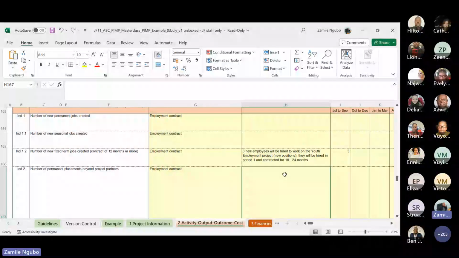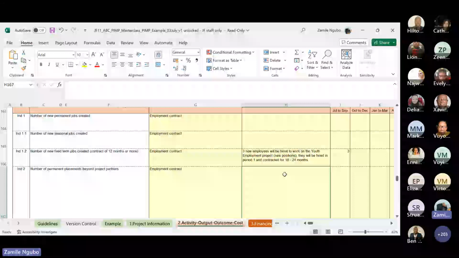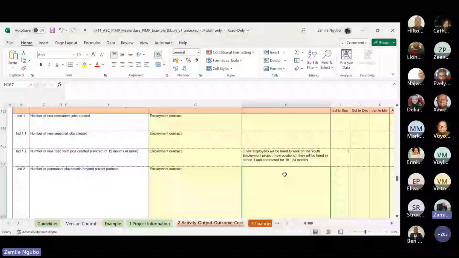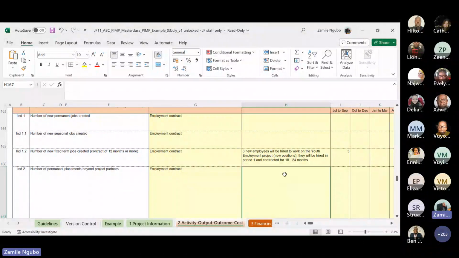Yes. So I've just completed program indicator 1.2. The example is saying there will be 3 newly created fixed-term positions. This will take place during the first quarter or first period of project implementation. So we see there is 3.